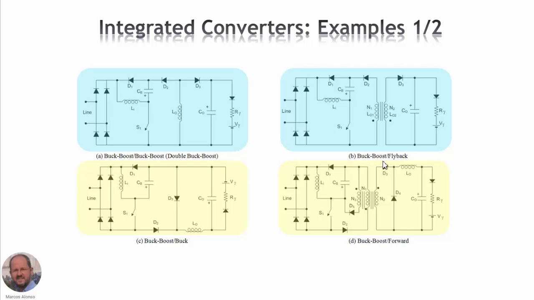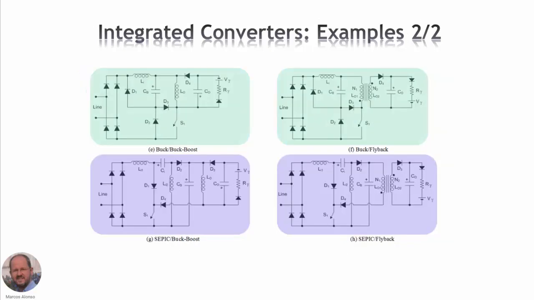This is the buck boost with a flyback converter, the buck boost with a buck converter, the buck boost with a forward converter. And other examples are the buck converter at the input integrated with a buck boost converter at the output, as shown here, the buck with the flyback, the SEPIC converter integrated with a buck boost converter, and the SEPIC converter integrated with a flyback converter.